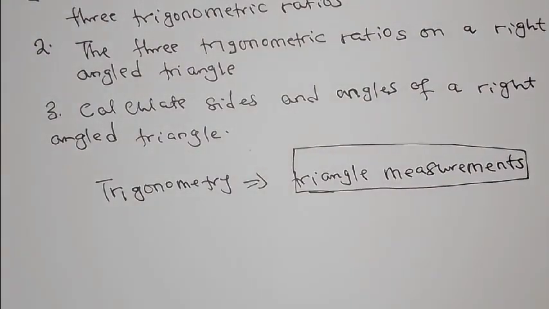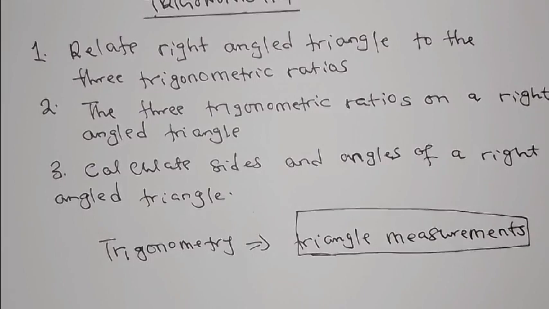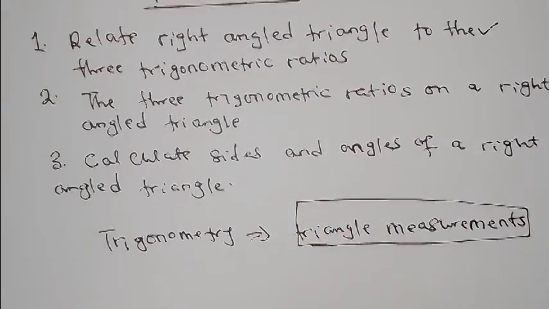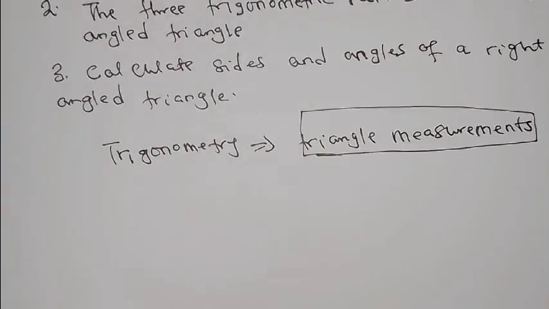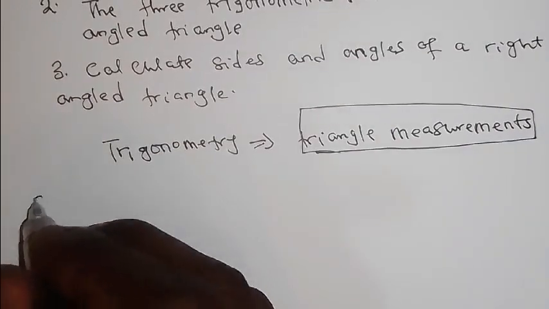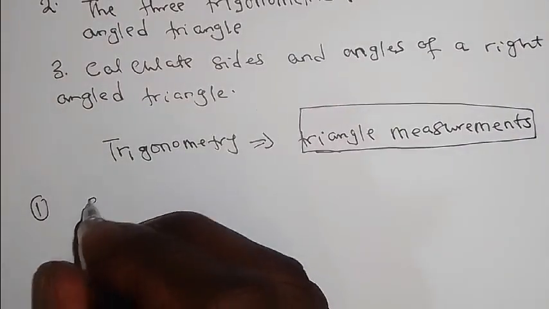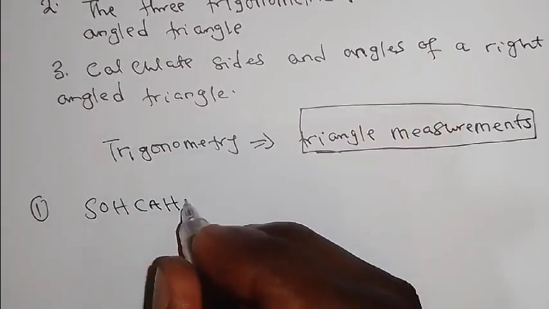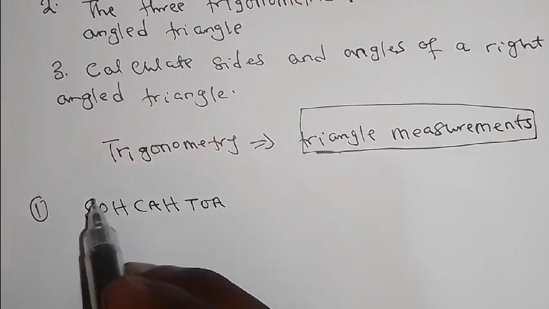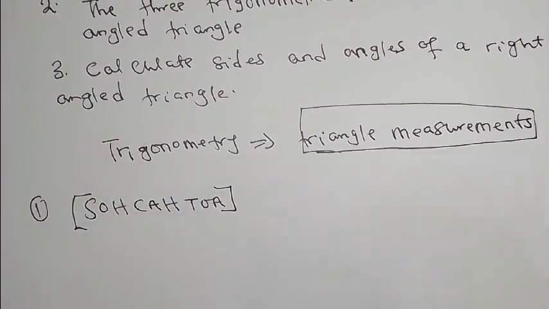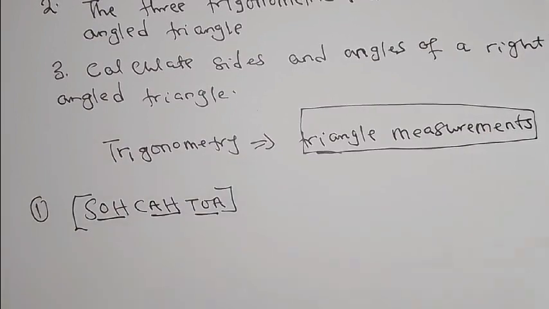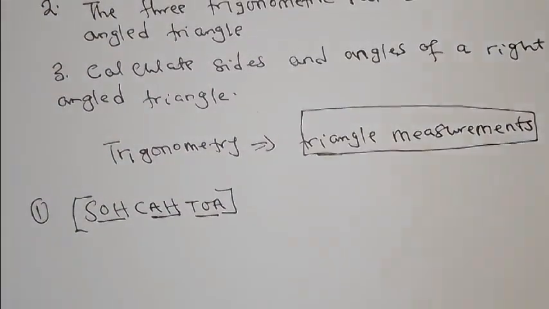Looking back at the first point: relate the right angle triangle to the three trigonometrical ratios. In order to understand the three trigonometrical ratios, we'll look at this abbreviation called SOHCAHTOA. This is divided into three trigonometric ratios.